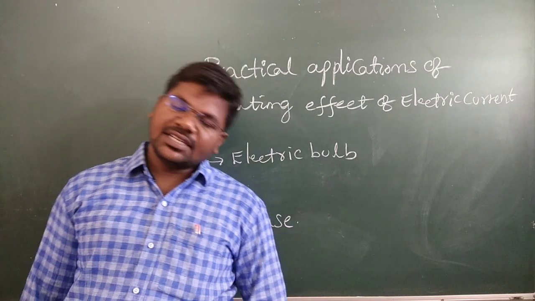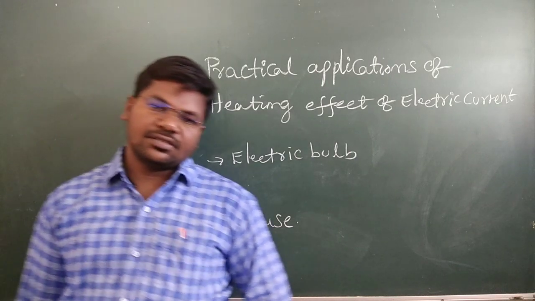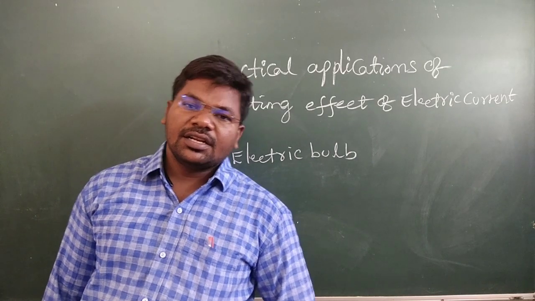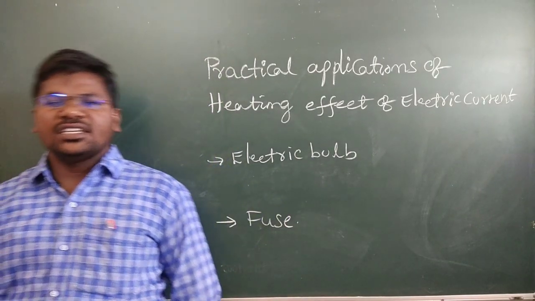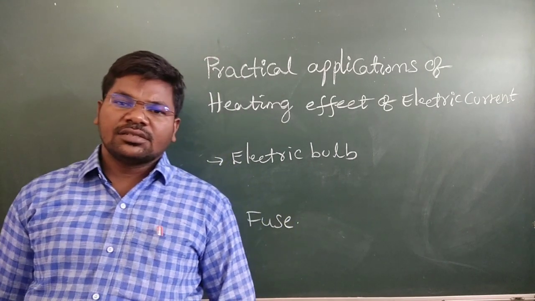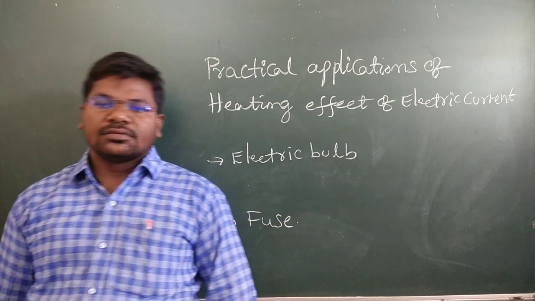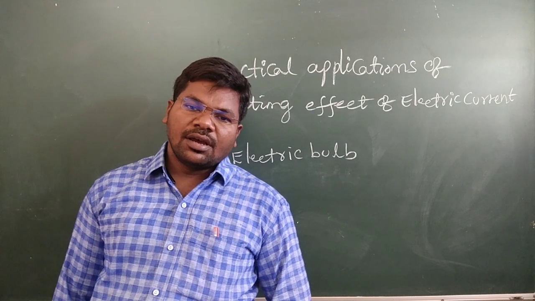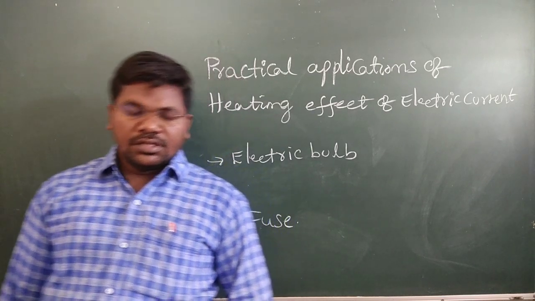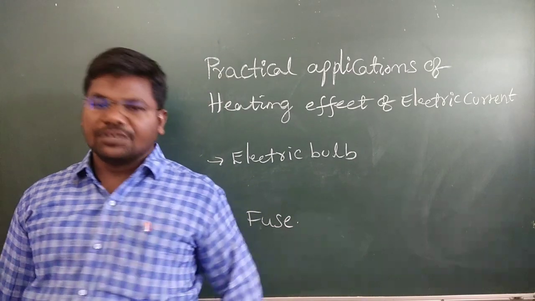Coming to practical applications of the heating effect of electric current. Here, heating of electric current causes undesirable loss of electrical energy, but it has some useful applications. First one, electric bulb. Second one, fuse.